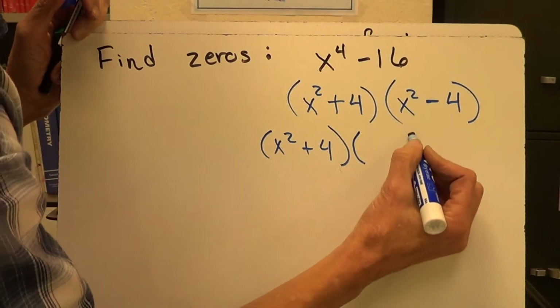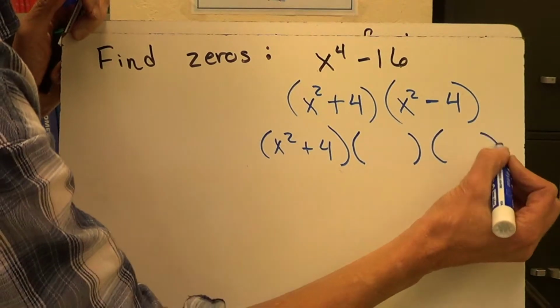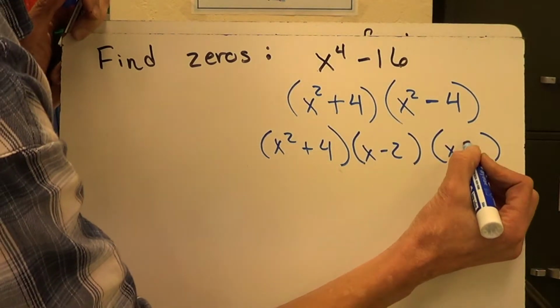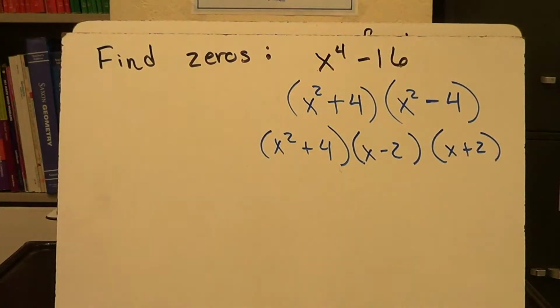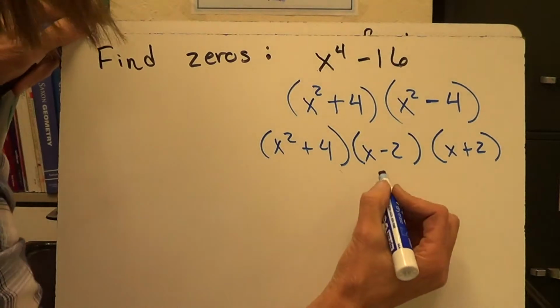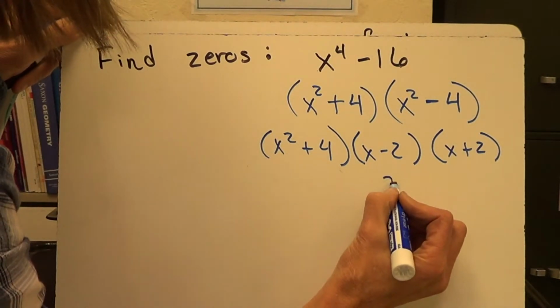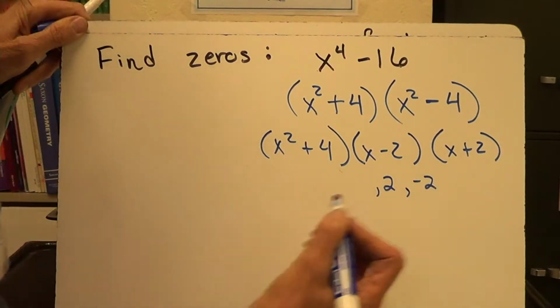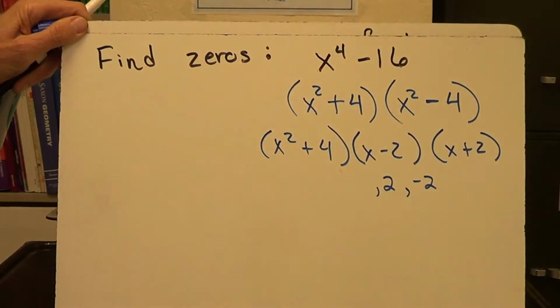And then this would be conjugates again. X minus 2, x plus 2. So in solving those, x would equal 2 here, and x would equal negative 2 here. Go ahead and set them to 0 if you need to do that.